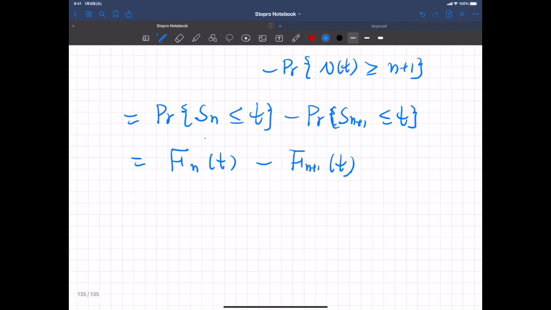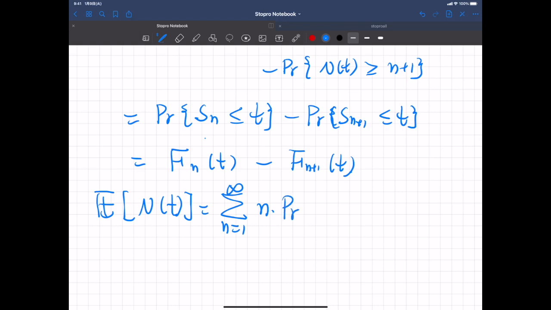So finally, we can calculate the expectation value of the number of renewals. By definition of expectation value, this is n times the probability that N of t equals n.